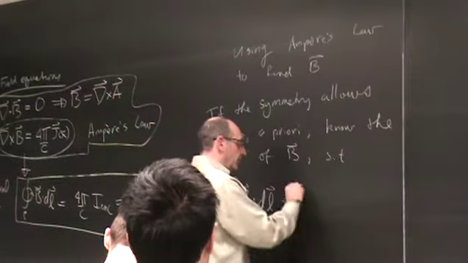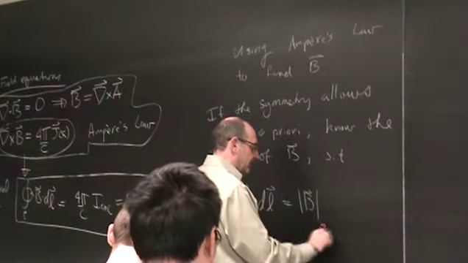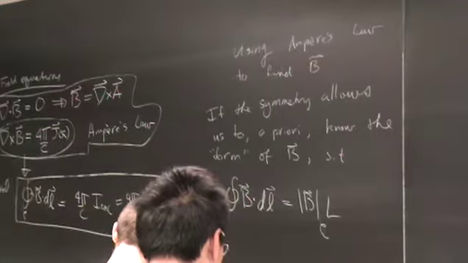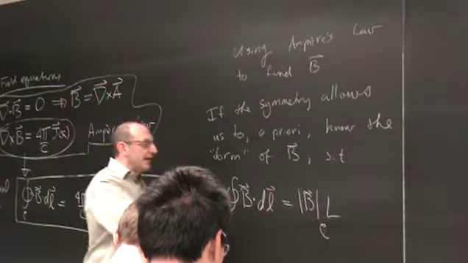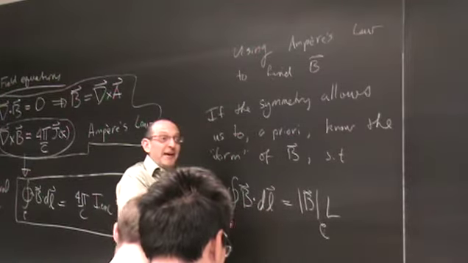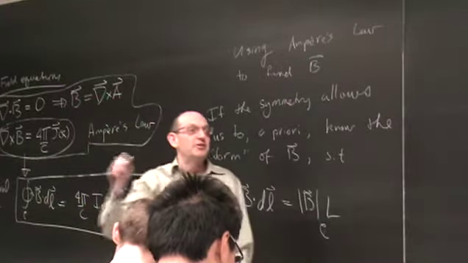this is just equal to the magnitude of B on the contour times whatever particular length of the contour along which that is non-zero. That's not always true. Generally, we don't know the form of B, and we don't know what contour to choose.